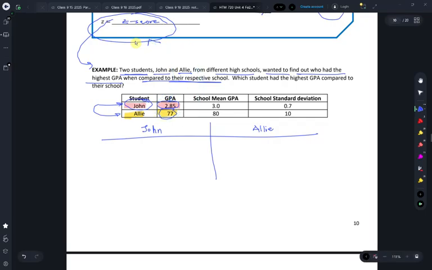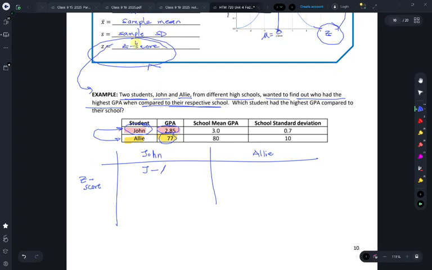And for John, what is the z-score? For John, we're going to take the raw score for John minus the overall mean score in John's school, all over the standard deviation in John's school.